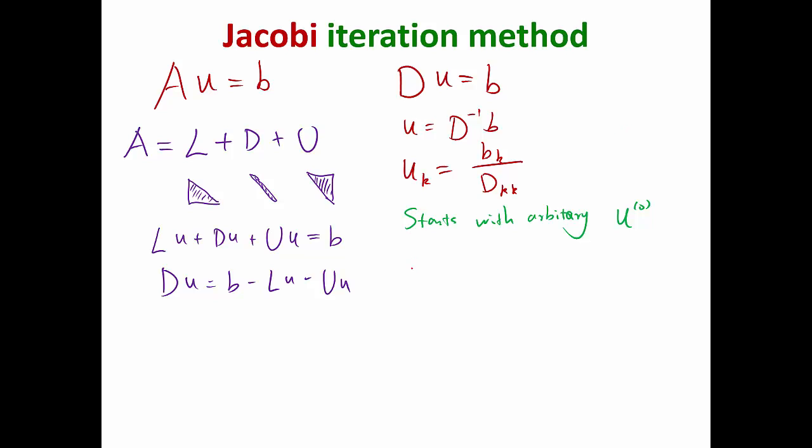And then for i going from 1 to etc., U superscript i is equal to D inverse times B minus L times U i minus 1 minus U times U i minus 1. So basically I'm following the formula on the left hand side here.